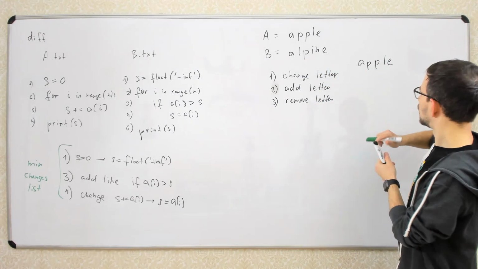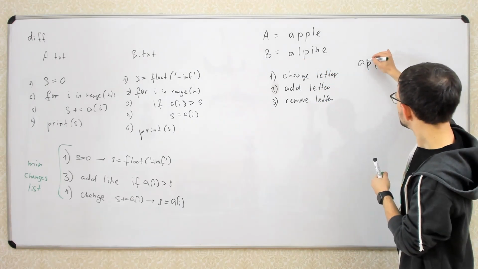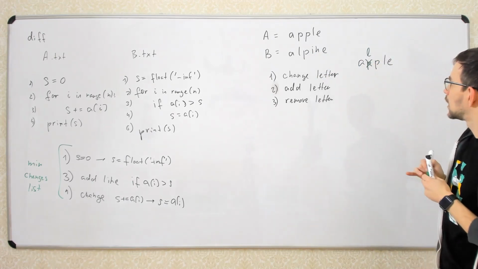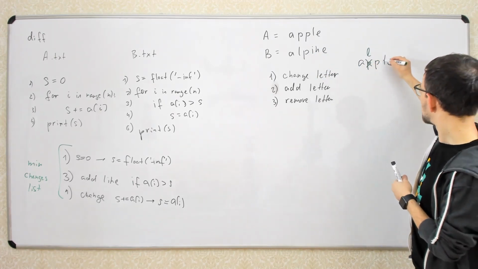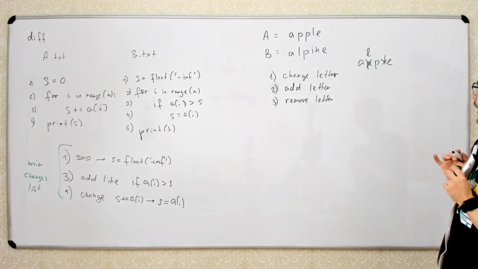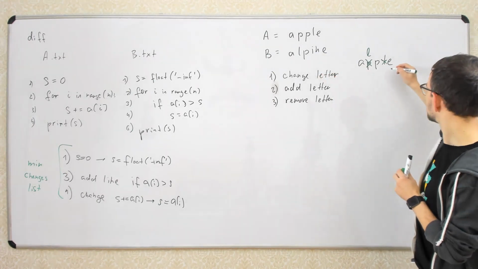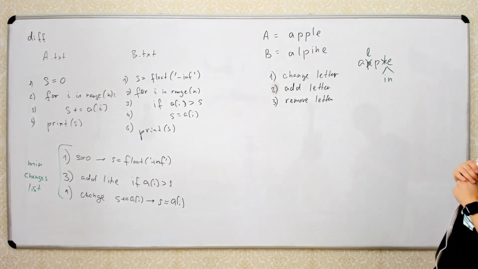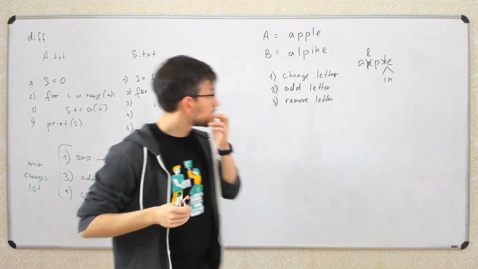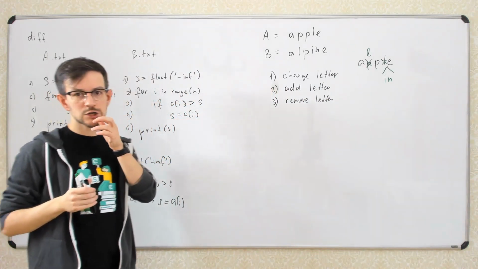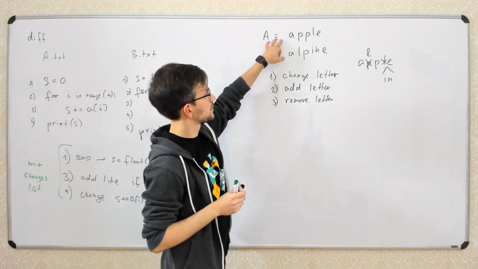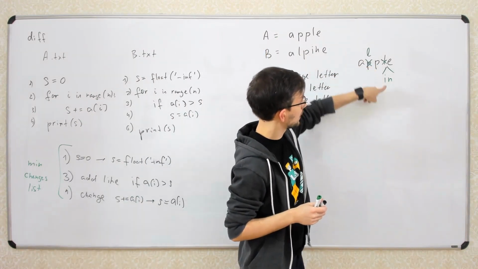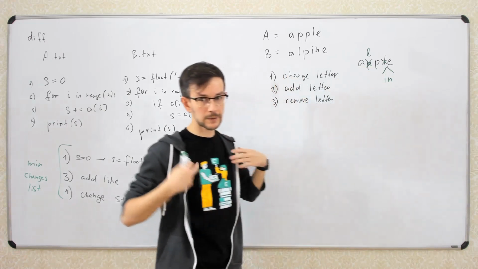We can change this P to L. Then we need to remove this L and add I and N here. So we need 4 operations to get this word from this word. We change this letter with L, we remove L and add letters I and N here.